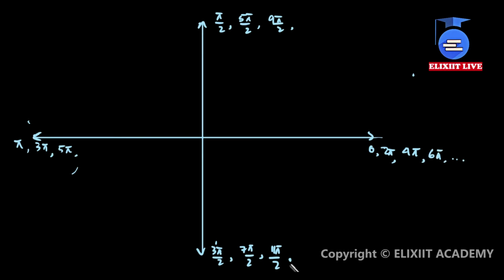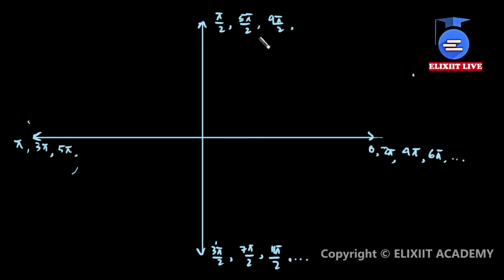So you all can figure out, I hope this particular rotation concept is clear, how we are deriving the angles. We keep on adding pi by 2 to the angles. That's the main thing. Or you simply remember it in this manner: 0, pi by 2, then 2 pi by 2, that's pi. Then 3 pi by 2, then 4 pi by 2, so that's 2 pi.